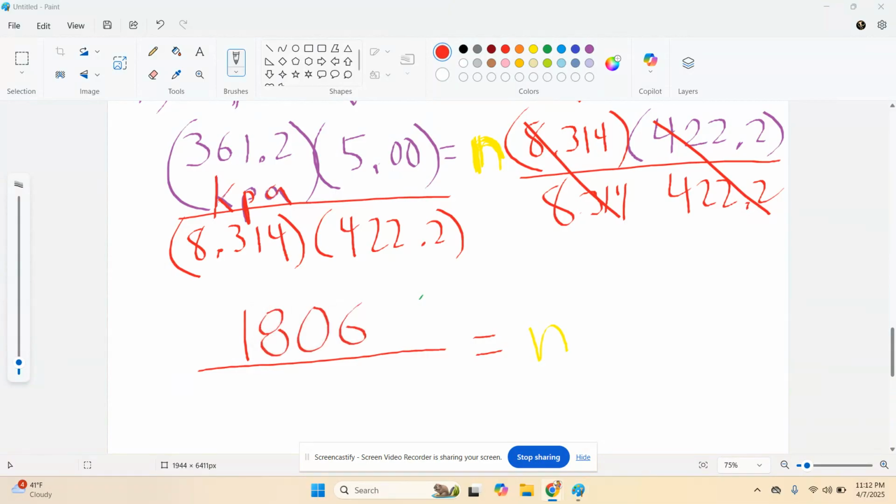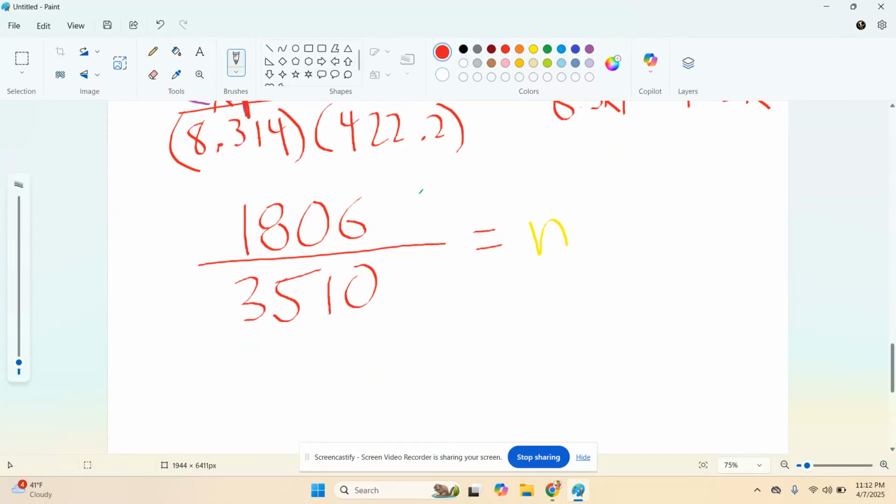The bottom is 8.314 times 422.2, and that is 3,510. So this number is roughly going to be like 0.5.